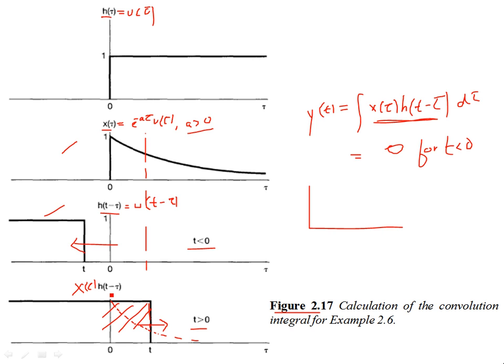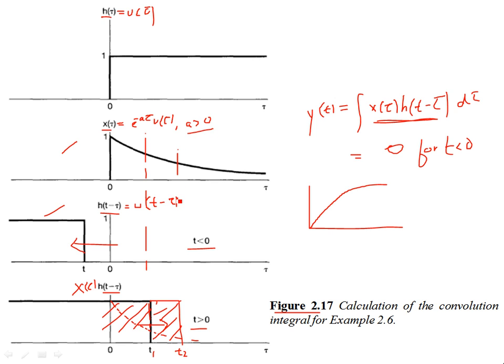If you keep on sliding or shifting the flipped impulse response h(minus tau) for positive time values, the curve of y(t) is going to grow first. And it's going to grow up to a limit of a certain value, because your x(t) is decaying. Let's call this t1, and then have another shift t2. Obviously t2 is greater than t1. That means there is more overlapping.